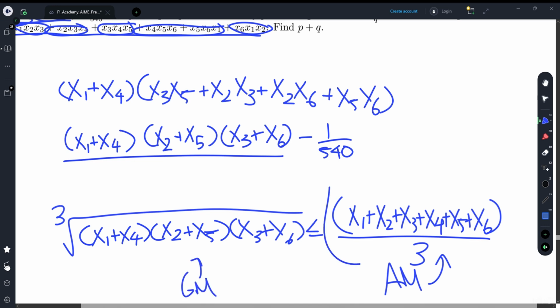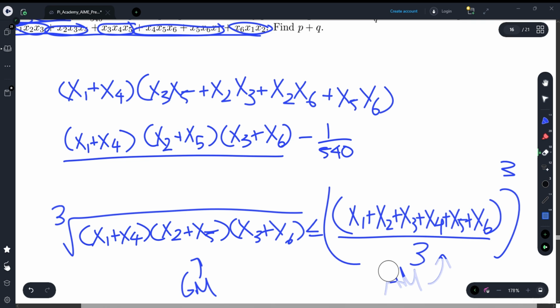And we can just move the cube root to the other side, and this is our equation.